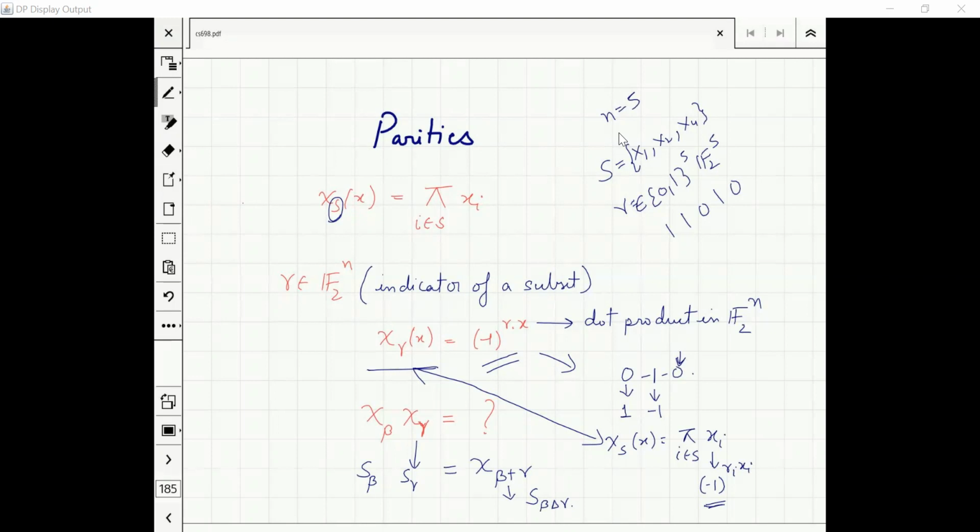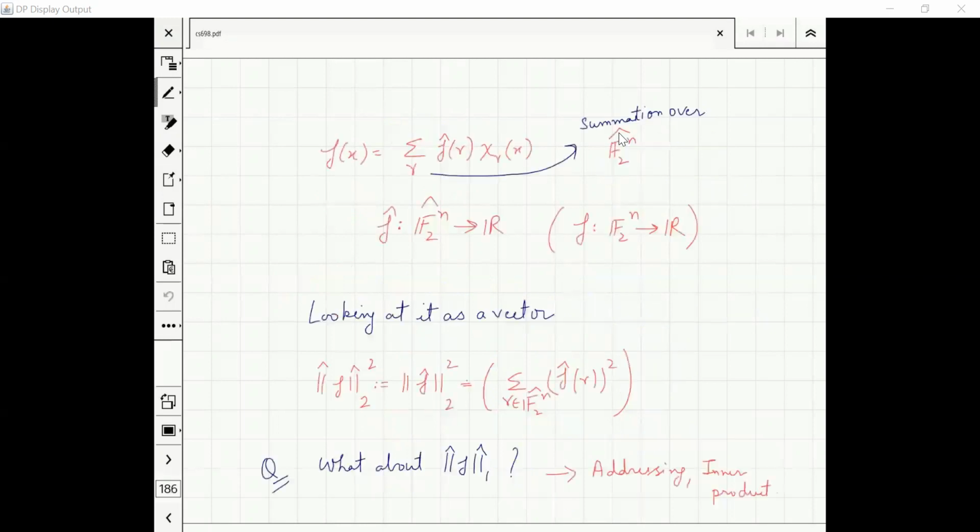Okay. And if I write my parities like this, I can similarly write my Fourier transform. Remember, I have just changed f hat at S to f hat at gamma.